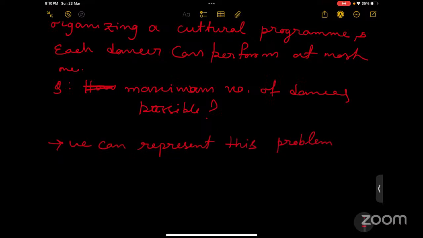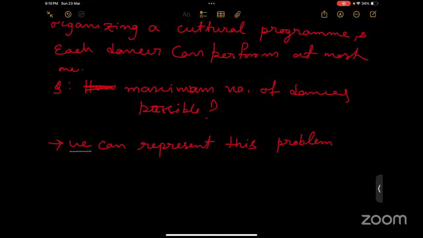We need to know the number of students who are performing in total, right? Let us see if I can represent the problem in such a way so that we don't need the number of students.